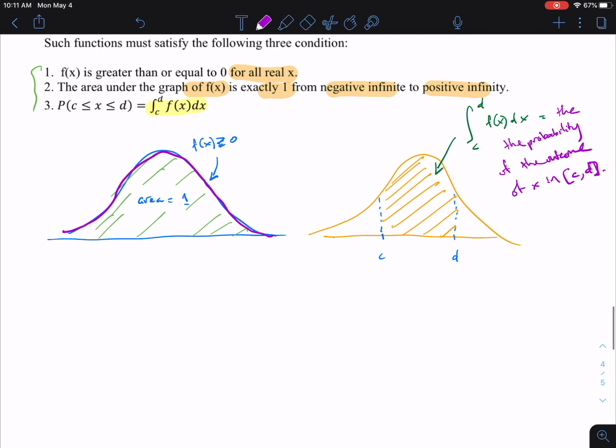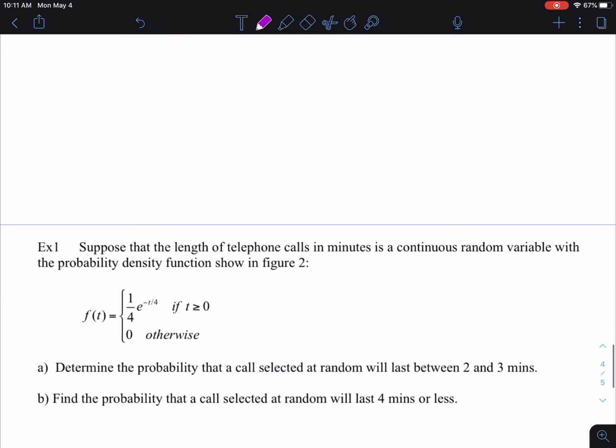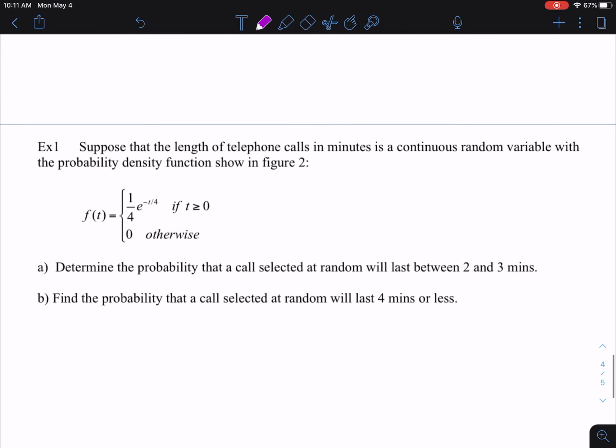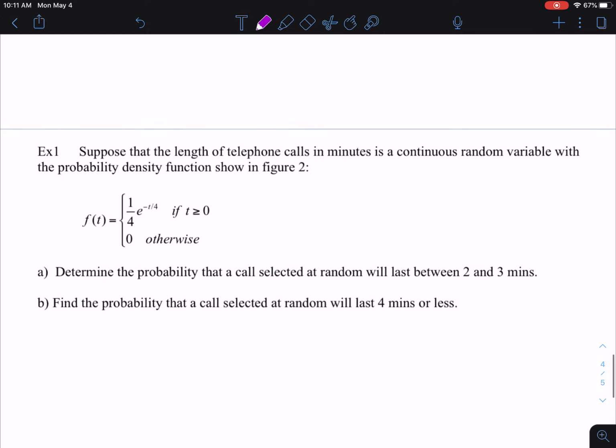Okay, so with that being said, let's get to our first example. In this example, we have a function that describes a continuous random variable. So t in this case is our continuous random variable, and t stands for the length of a telephone call in minutes.